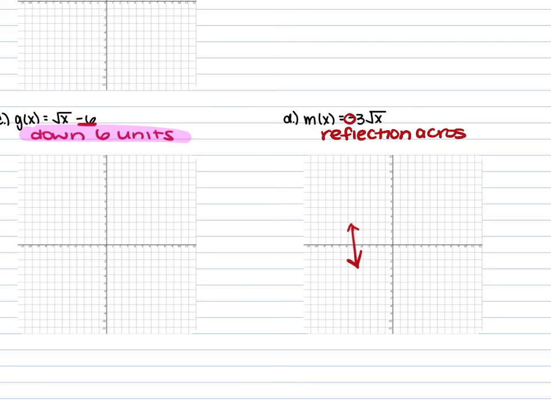So it's a reflection across the x-axis. Next, you have that 3. The 3 is in front of the square root of x, so that's a vertical stretch because it's greater than 1, by a factor of 3.